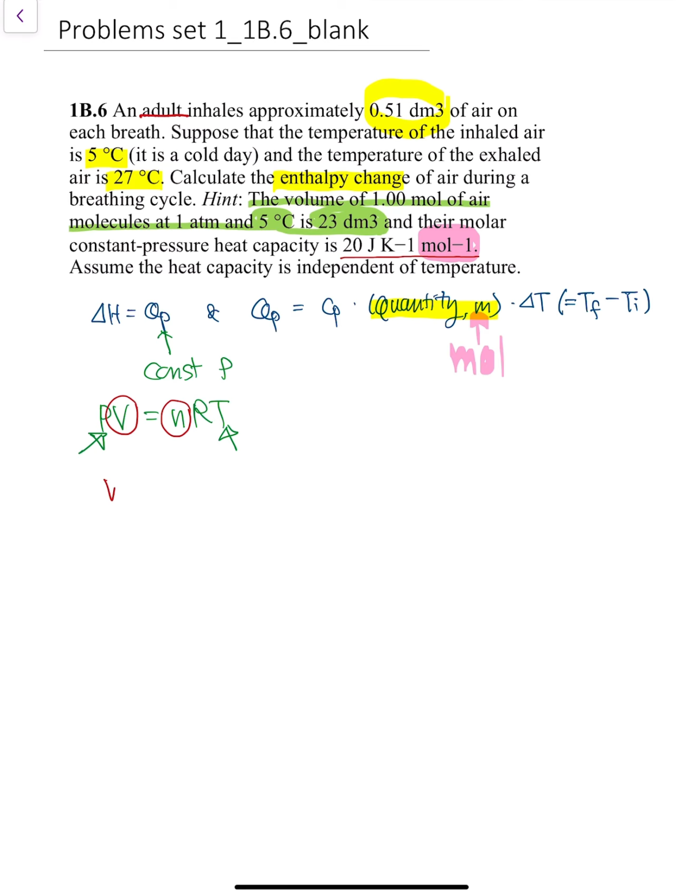So we can say V1 over n1 in one condition should be equal to V2 over n2 for a different n. In other words, we can write this ratio equation with the given condition. So we are basically given the fact that 23 decimeter cube is equal to 1 mole under 5 degrees Celsius.